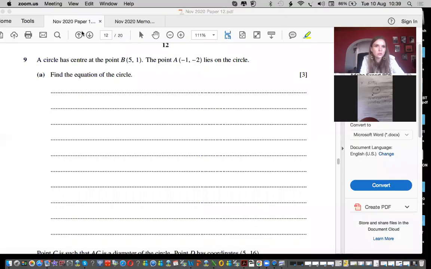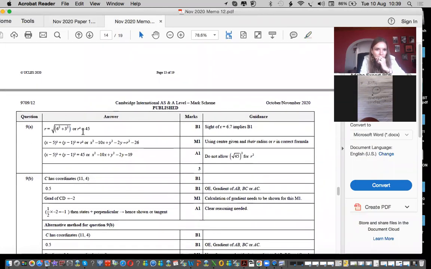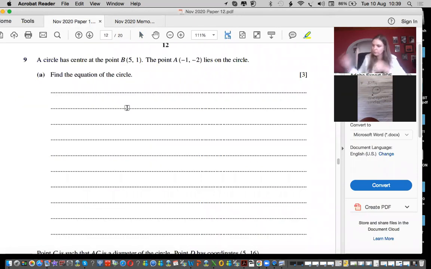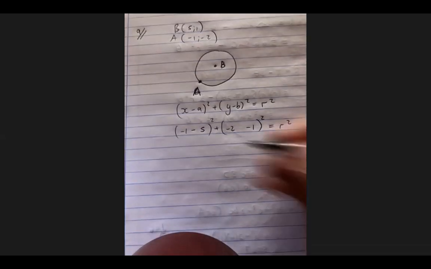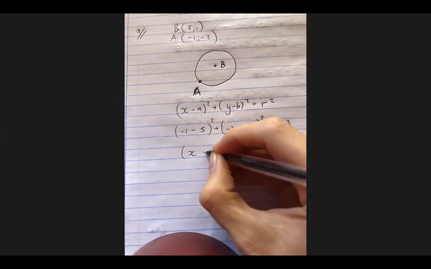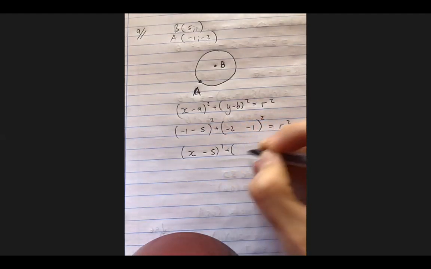I'm hoping that you will get a very nice r squared of 45. Yeah. And then you just write it down as one equation. Let me just show you. Once you've gotten your answer of 45, just write down your center. Keep your x as an open variable for now. Write down x. Write down y.